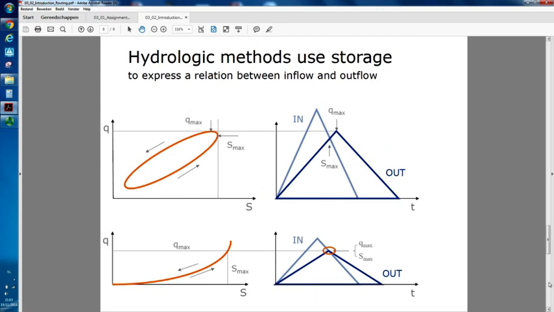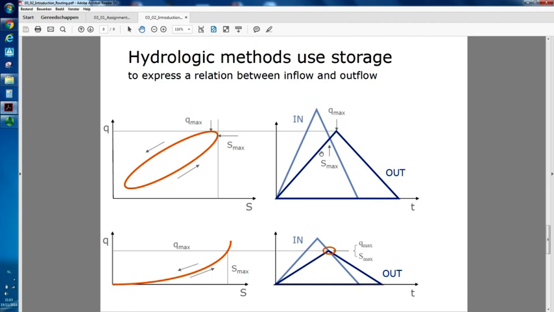What we knew for the river routing was that we had typically a situation where we had a hysteresis. And in that case, we knew that the maximum value of the outflow would be after the maximum value of the storage, which can also be seen here at the hysteresis, in the Q versus S graph.